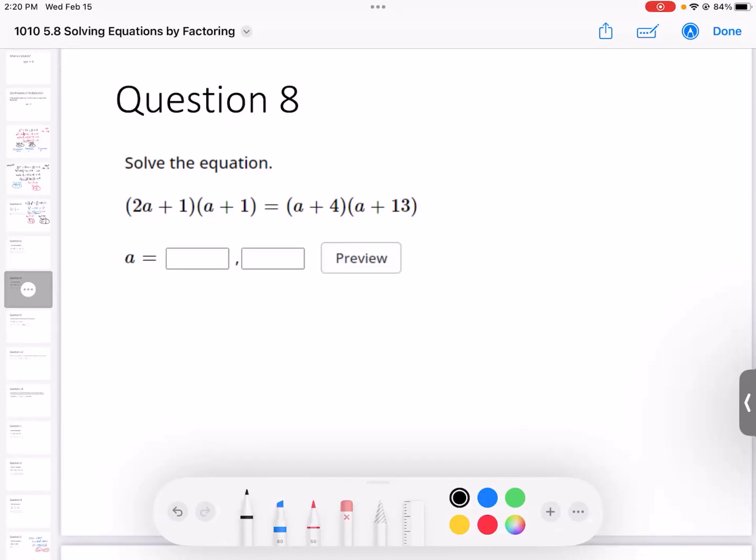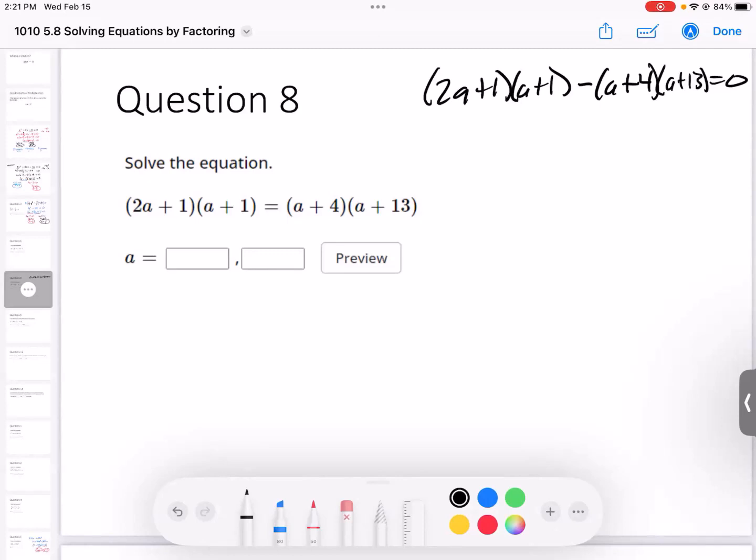And so if you were to just subtract this stuff over, you would end up with something like (2a plus 1)(a plus 1) minus (a plus 4)(a plus 13) equals 0. And this is not factored form because you have stuff subtract other stuff. And yes, you do have factors within those terms, but the overall structure is not things that are multiplied together.